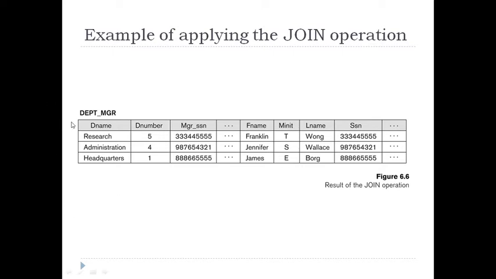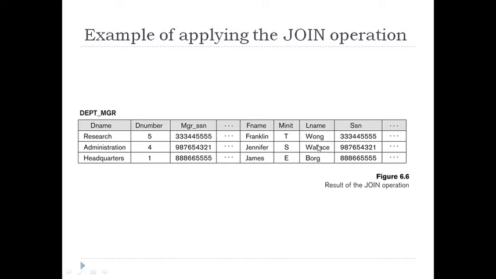You can see here D name, D number, manager SSN and other attributes from the department like locations, and then F name, middle name, last name, SSN of the manager, address, phone number, and other attributes from the employee.